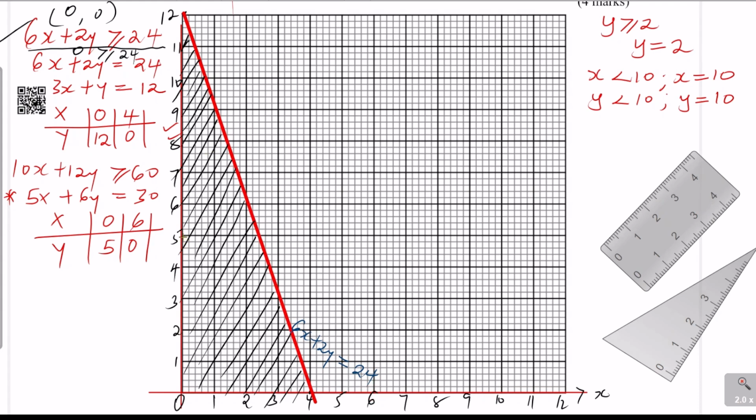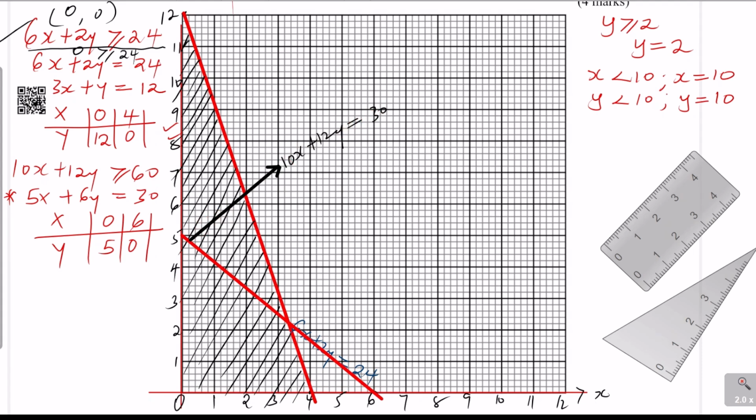Again, write the equation of this line: 10x plus 12y is equal to 60.